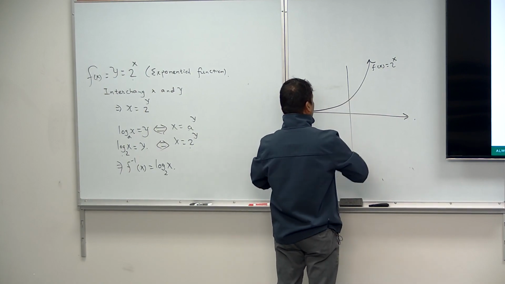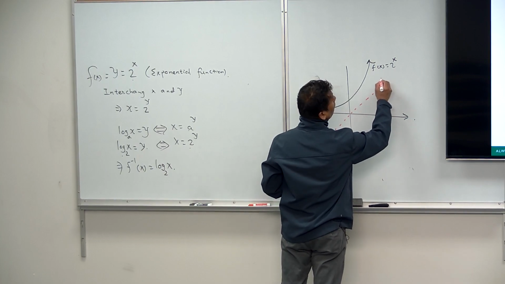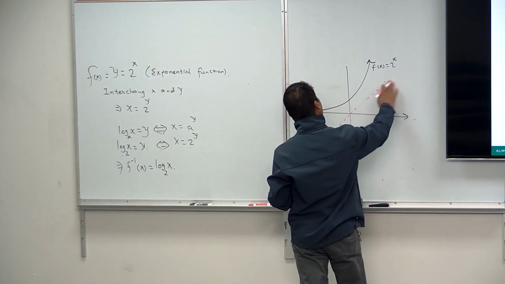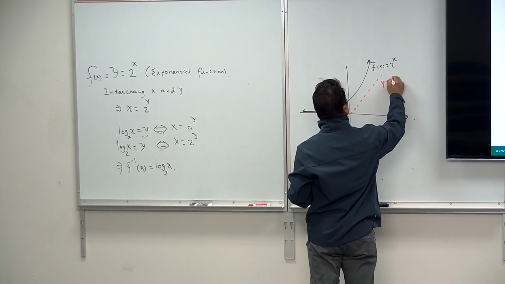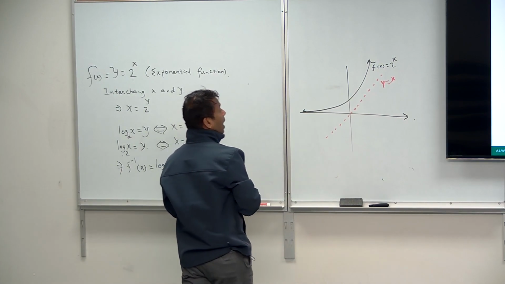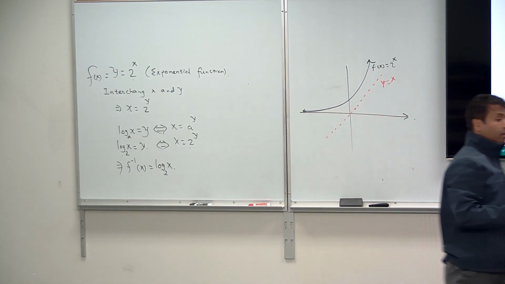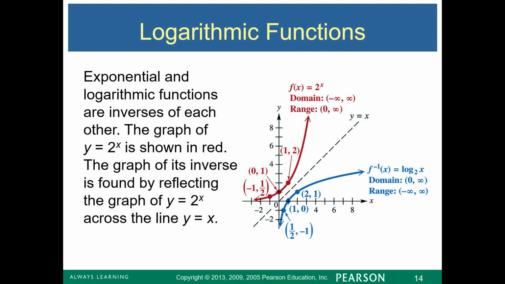So let me show you here. This is the line y equal to x. If you reflect the graph across the line y equal to x, you'll have a graph like this.